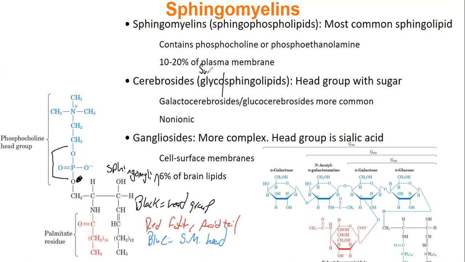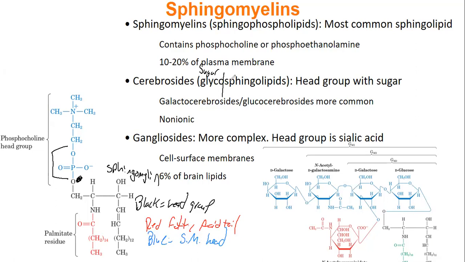The sphingolipid is what we've been looking at on the 2 previous slides, which is more or less in black on this slide. Another word for a glycosphingolipid is a cerebroside. And this is just taking your phosphatidylcholine and putting a sugar on that.